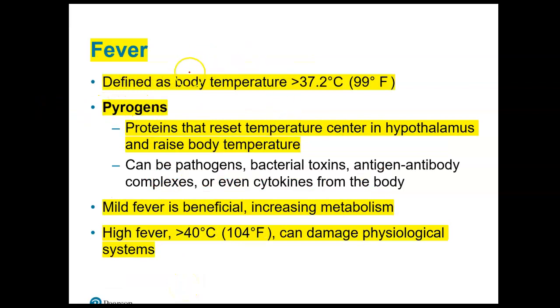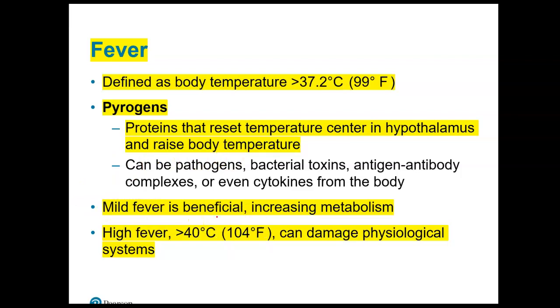All right, fever also happens as one of our innate defenses. It is defined as a body temperature of greater than 37.2 Celsius or greater than 99 degrees Fahrenheit. Pyrogens are proteins that reset the temperature center in the hypothalamus, and that causes body temperature to rise. A mild fever is beneficial.